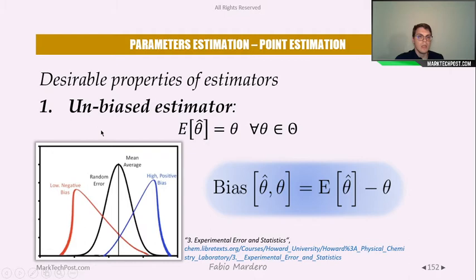So looking at the unbiased estimator, we can define a new concept, the bias. And the bias will be the difference between this quantity and this quantity. Of course, if the bias is null, so the estimator is unbiased, then this quantity will be equal to 0.